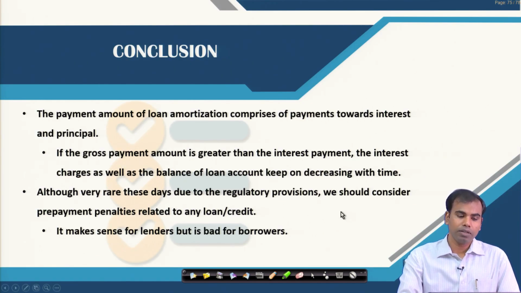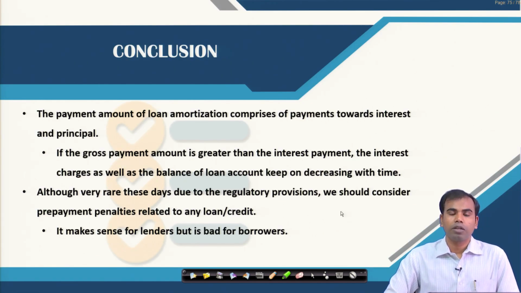To conclude this session, we have discussed that the payment amount of loan amortization comprises payments towards interest and principal, and it is always better to pay higher than the interest charges, because that will contribute towards interest payment as well as towards the payment of principal amount, and if it is higher, then it is always going to reduce your due principal amount on which the interest will be calculated, and that is how the interest charges will also lower down with every passing period.